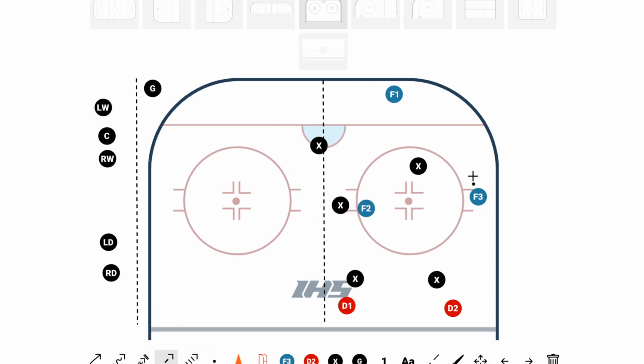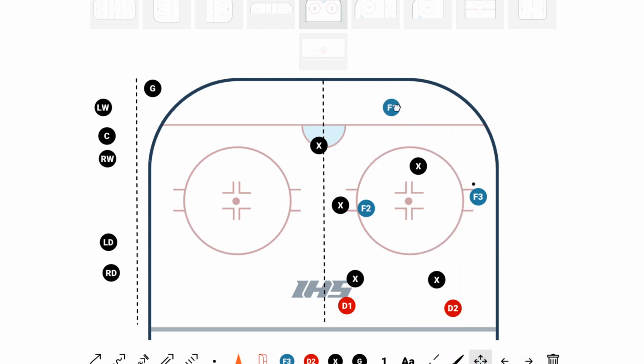And now you have a basis of a triangle where it is overloading the numbers. So you have a numbers advantage, 3 on 1 defender, where you can easily pass the puck around and create shooting opportunities or puck movement.